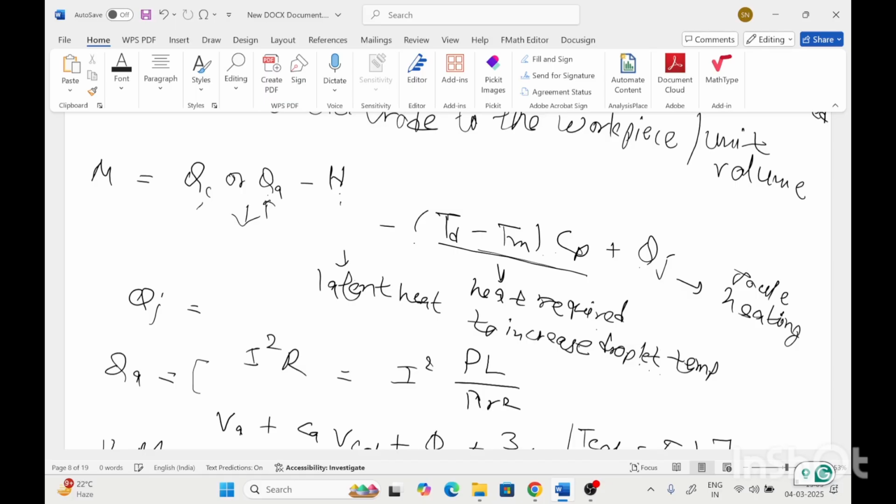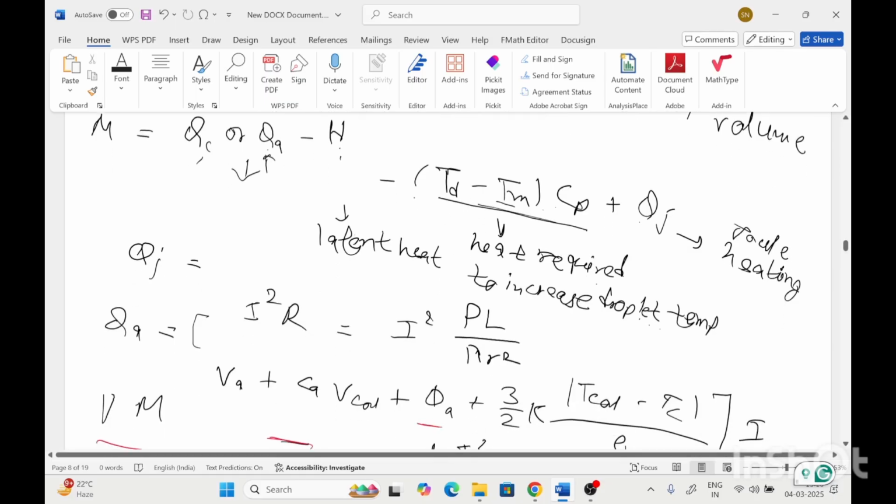Meaning as the electrode melts, the molten droplet will only fall when the temperature of the droplet is higher than the melting temperature of the material. Then only the droplet will detach from the electrode. And the QJ term is the joule heating available for the electrode and workpiece.